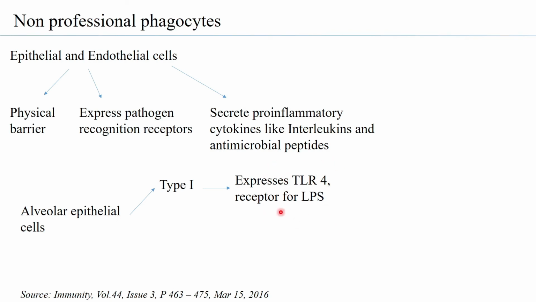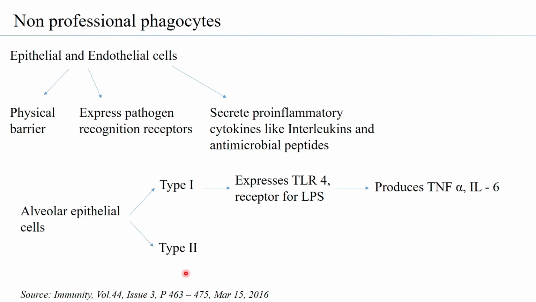So this is how you can clearly see how the type 1 alveolar epithelial cells are able to interact with the pathogens. And in response to this interaction, it can produce tumor necrosis factor, it can produce IL-6 and IL-1 beta. All those cytokines and chemokines can be produced by the type 1 alveolar epithelial cells.